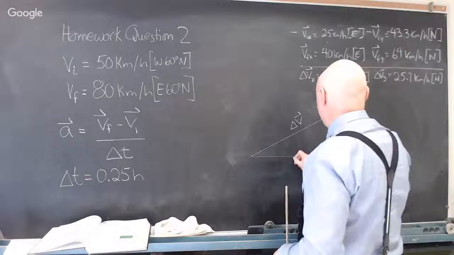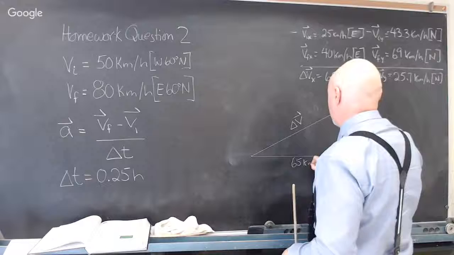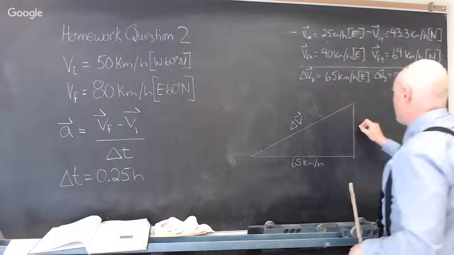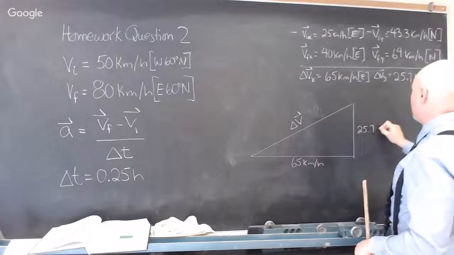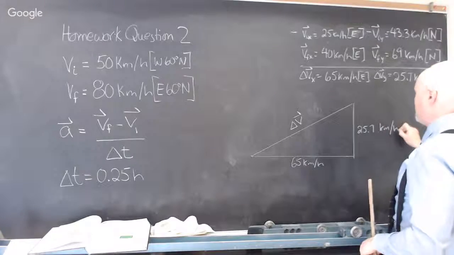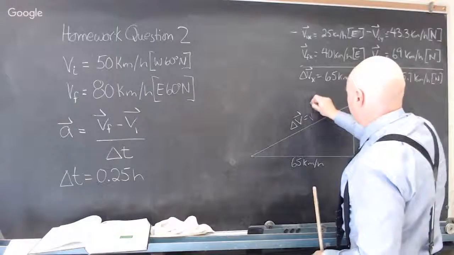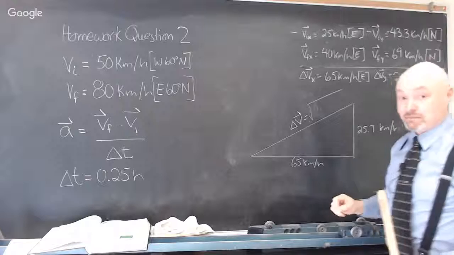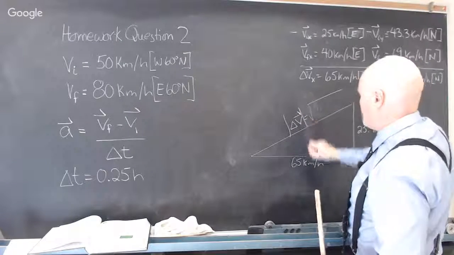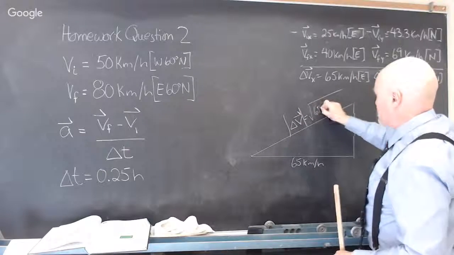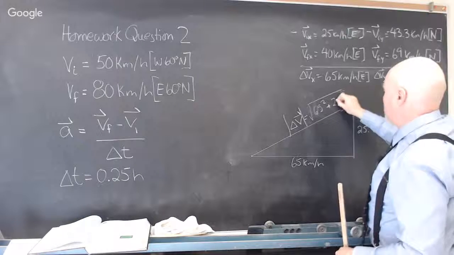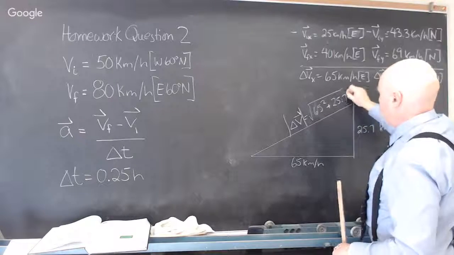And so this one is 65 kilometers per hour. This one is 25.7 kilometers per hour. And so this is equal to, this magnitude, so I'm going to put the absolute value brackets around it. 65 squared plus 25.7 squared.